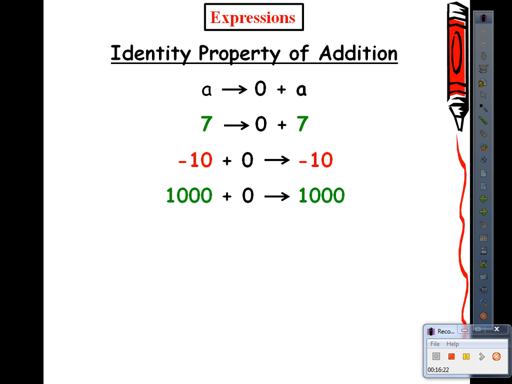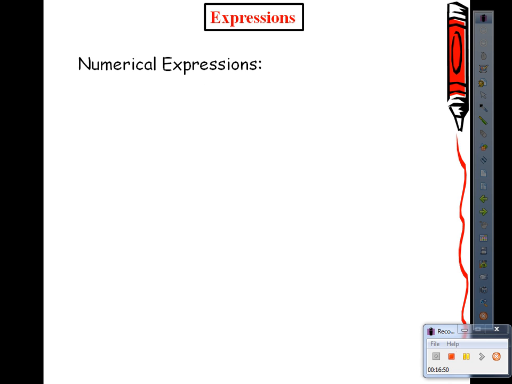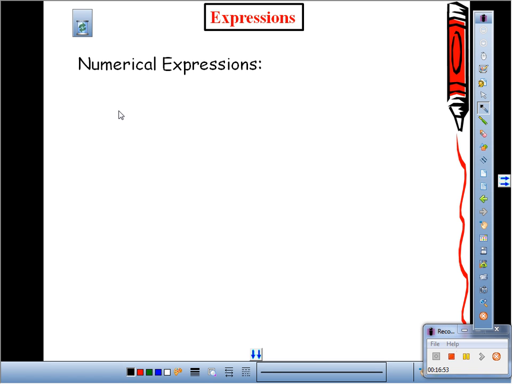Any number plus 0 equals itself or equals a number. All right, so we're done with properties. Now we're going to get started. Just to clarify, numerical expressions are these: a number or an expression that uses numbers and operations.